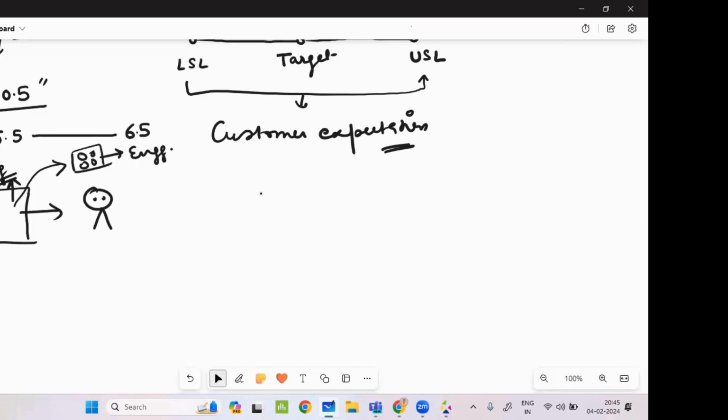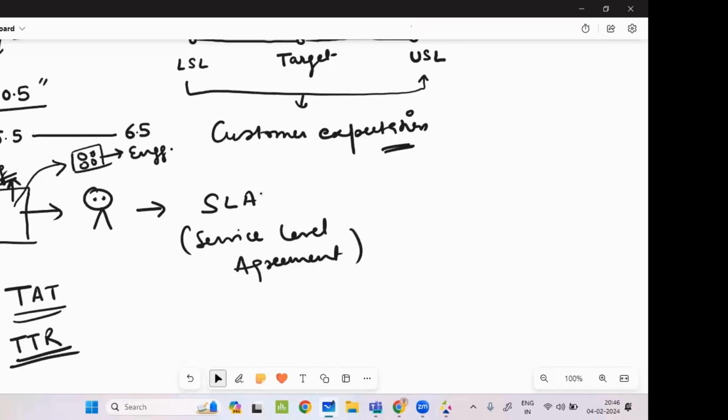Now we are providing resolution to a customer query. In this case, what could be my specification limit? Typically in the service industry, we call it an SLA, service level agreement, based on customer expectation, and many times the customer puts it in the contract as well. For example, the customer made a contract that you should close all tickets within 4 hours.